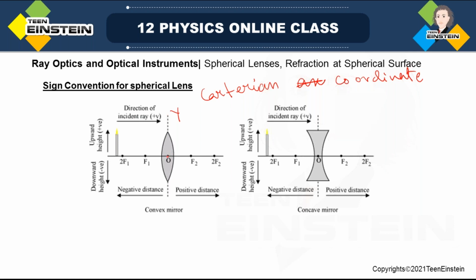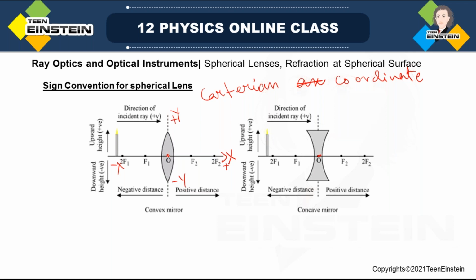You have to draw the axes through the optical center. So this is the x-axis, suppose, and this is the y-axis, with positive and negative, and this side is the negative x-axis. This side is the negative y-axis. Whatever distances you measure, you have to measure from the optical center, whether it is concave or convex.